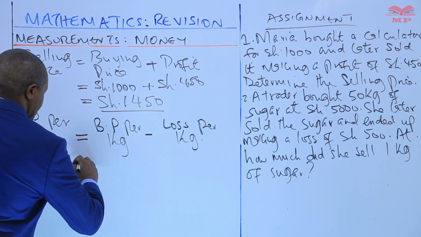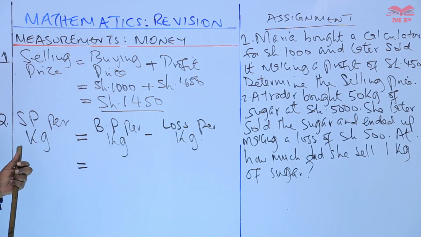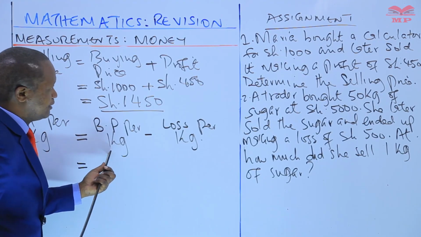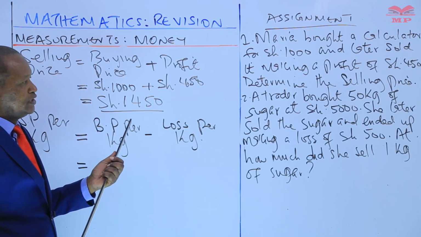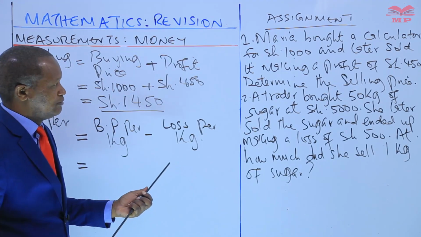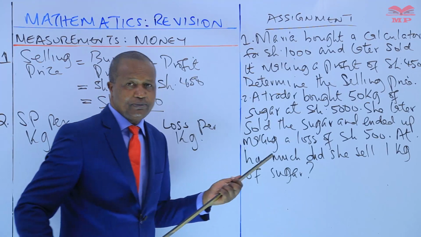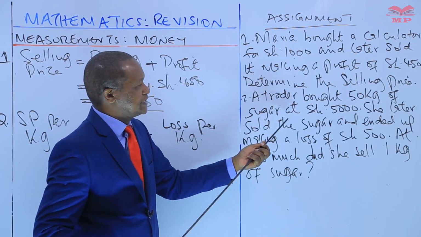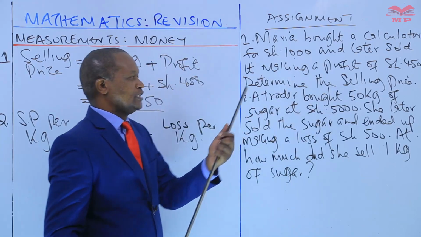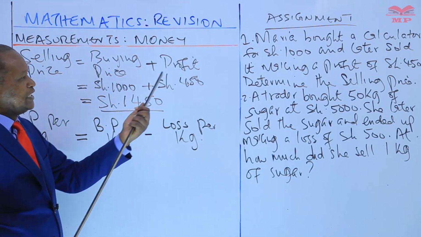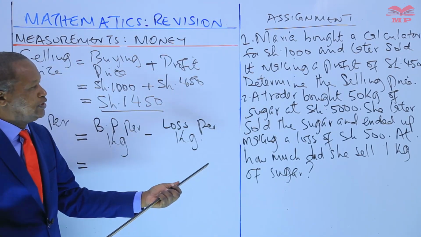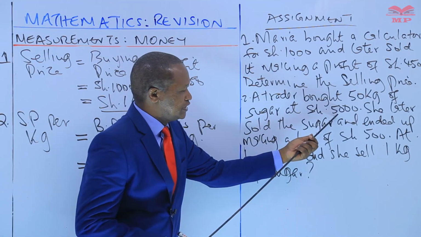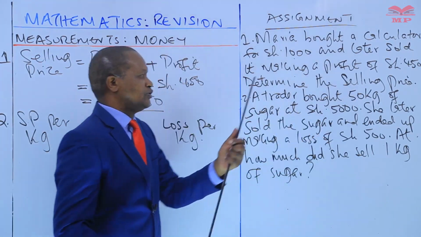So we'll come here and check from the question, do we have buying price per kilogram? We are not given the buying price per kilogram, but we can calculate it, because a trader bought 50 kilograms of sugar at 5,000 shillings. So to calculate the buying price per kilogram, we take the 5,000 shillings divided by 50 kilograms.